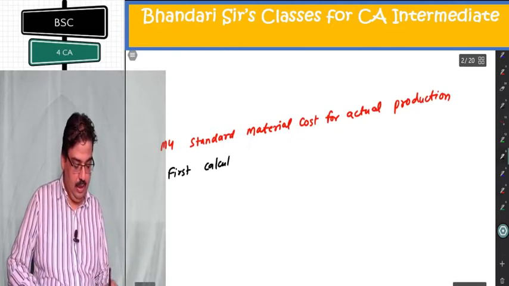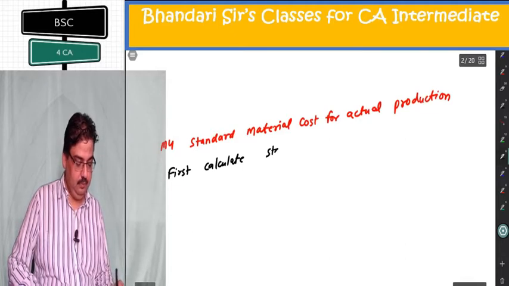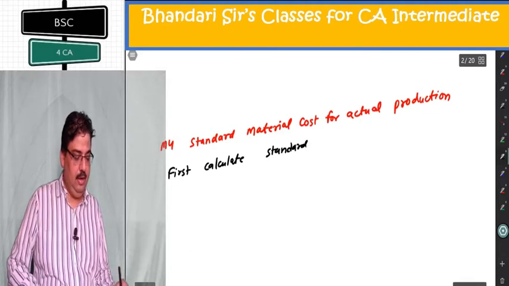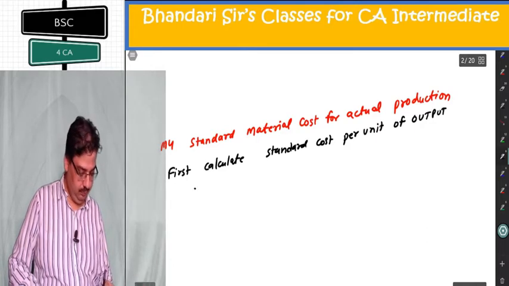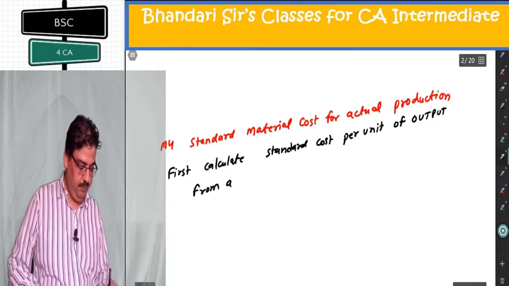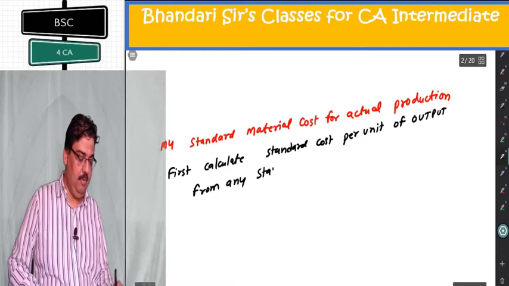First, calculate standard cost per unit of output from any standard mix.